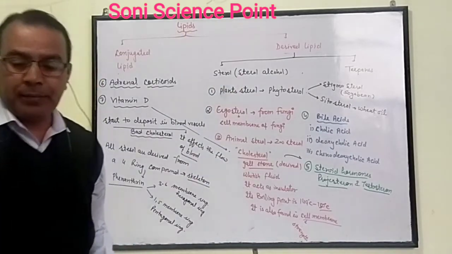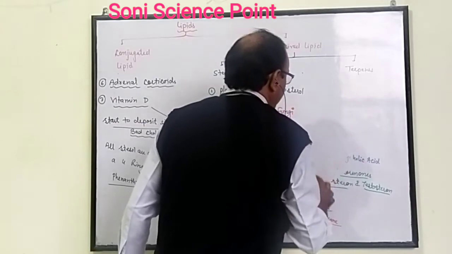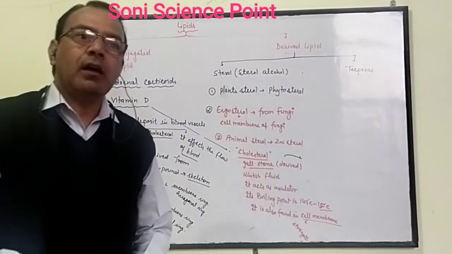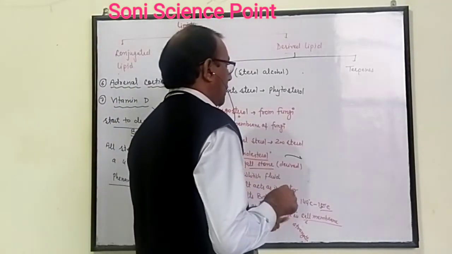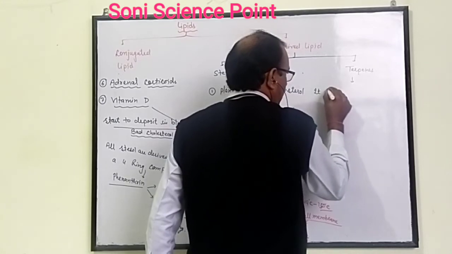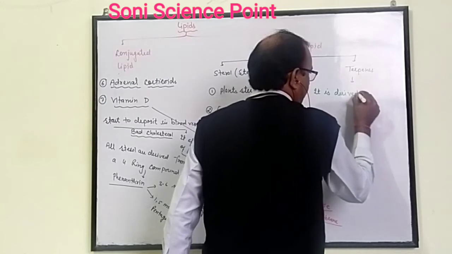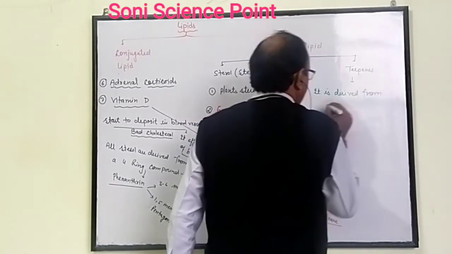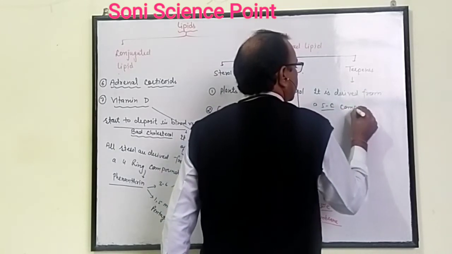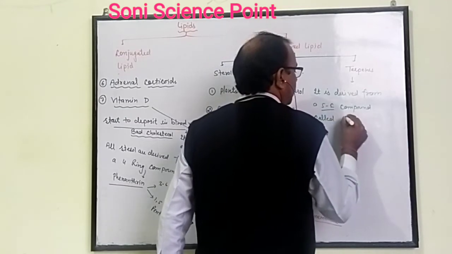The next one is terpenes. We can derive terpenes from a 5-carbon compound called isoprene.